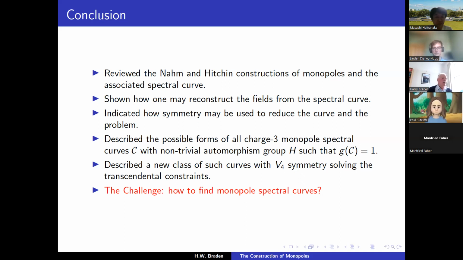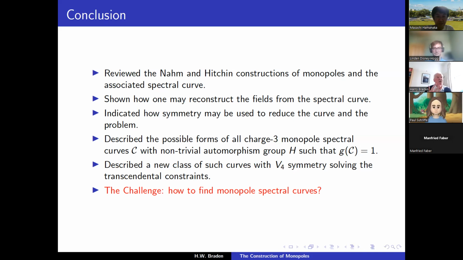The known charge 3 monopoles that quotient to an elliptic curve were given on that previous slide, and in there were 2 new families. Lyndon will describe, as I've run out of time, how to solve the transcendental constraints.